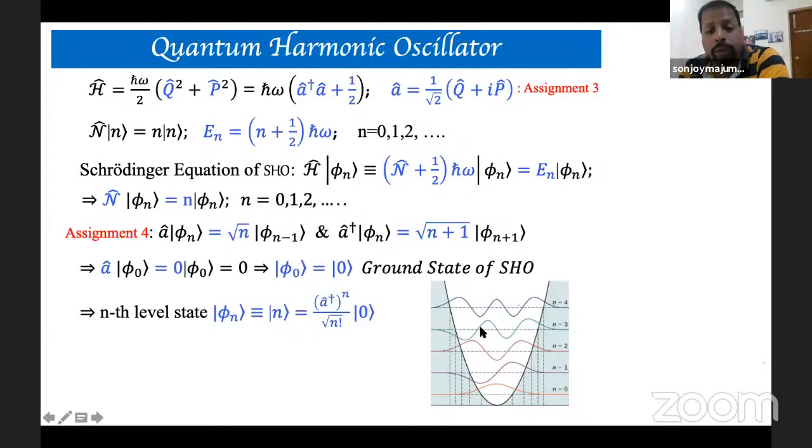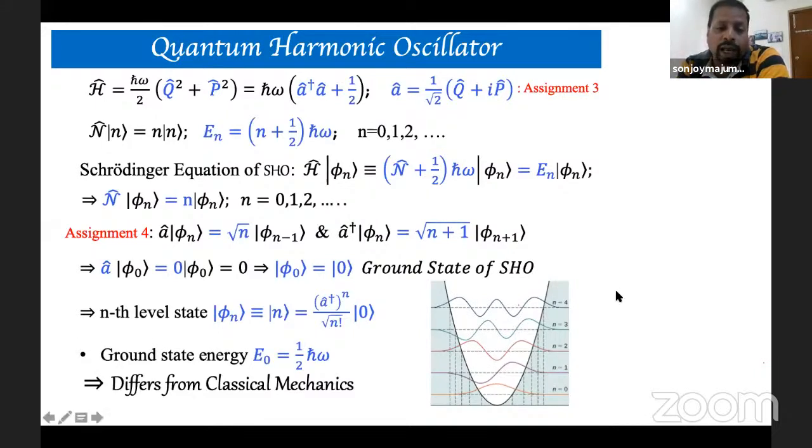Since only one excitation to the next energy level is allowed using A dagger, you have to apply A dagger repeatedly, n times, sequentially one after another, to go from the ground state to the particular nth level you would like to reach.